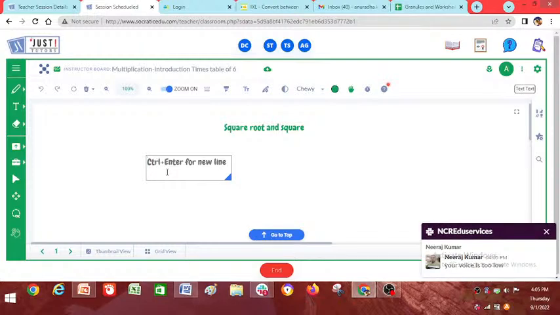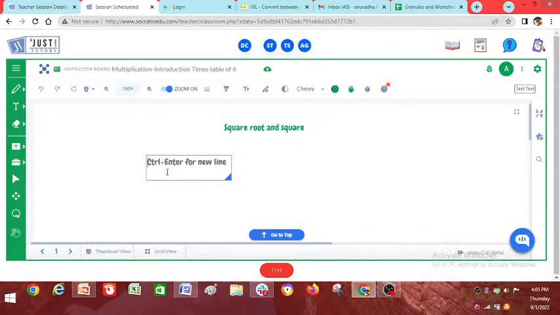So let's write the formula for square. Square is equal to side times side. So we'll take some examples.